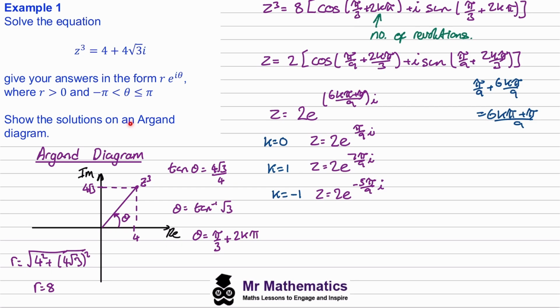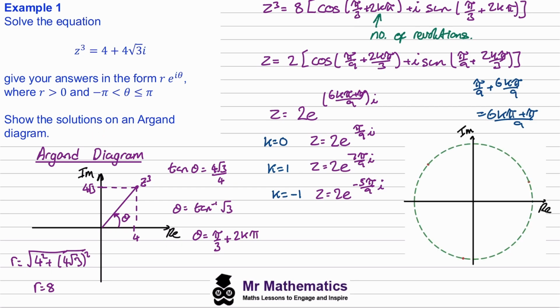Then to show them on an Argand diagram, we've got our fixed radius of 2 from the origin. We know this solution will be pi over 9 from the real axis, so this will go to here. We'll call this Z1. For our second solution, we'll have an argument of 7 pi over 9, which will be about here.